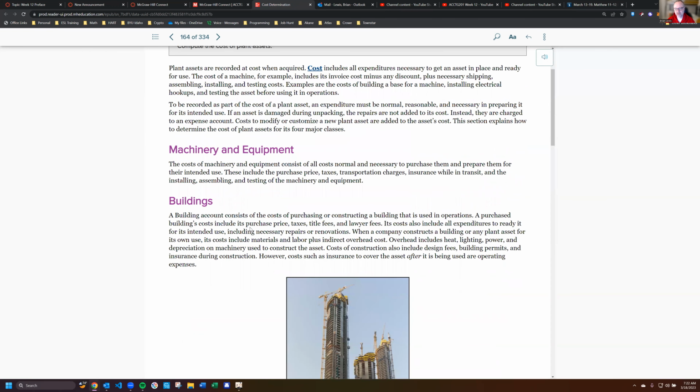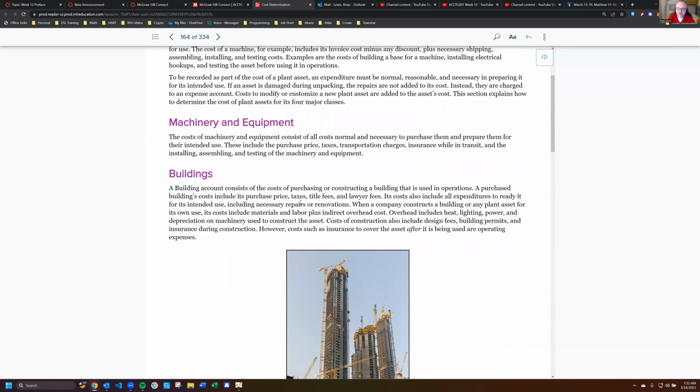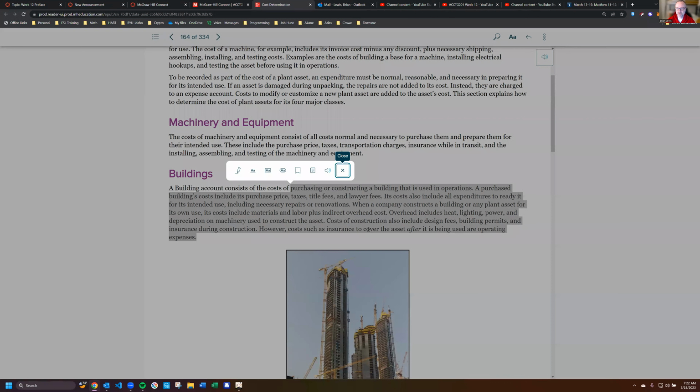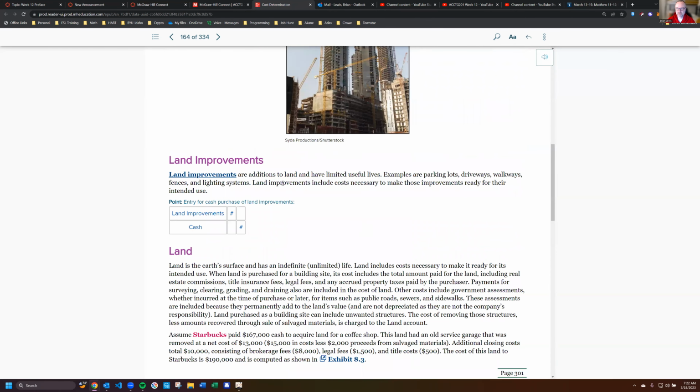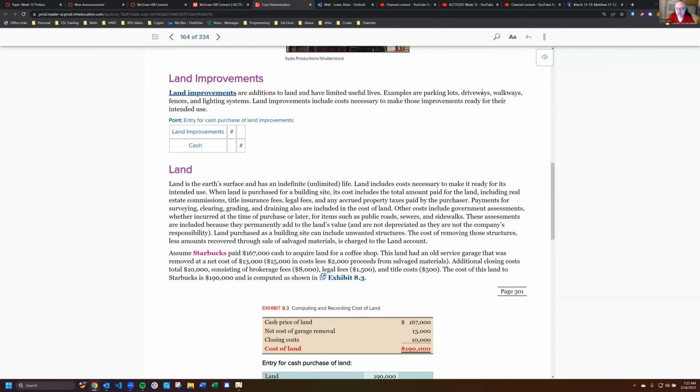Buildings are a little bit different. Okay, because you have different scenarios about a building. So make sure you walk through this and understand what's included in the building. Land improvements, pretty straightforward, right? Parking lots, driveways, walk fences, anything that's an asset, a long-term asset that can be used over and over and over is going to be land improvements.